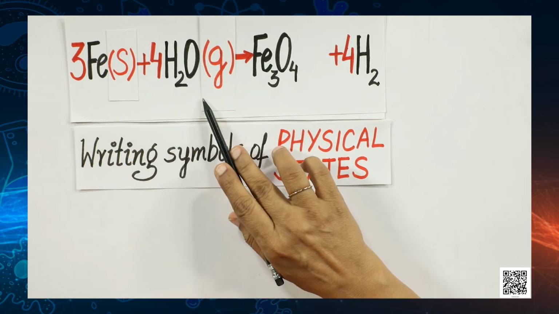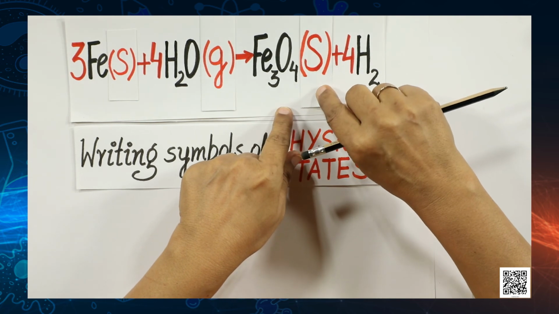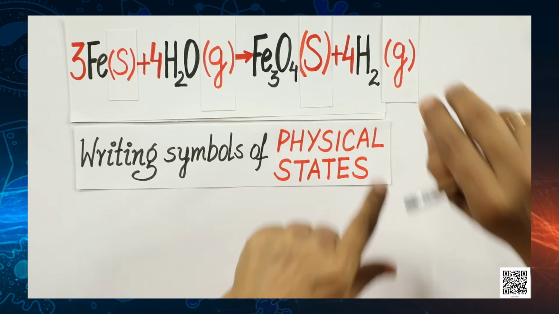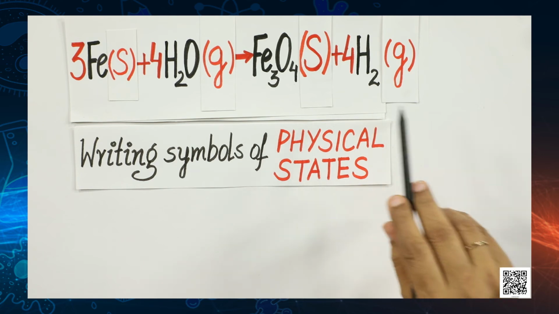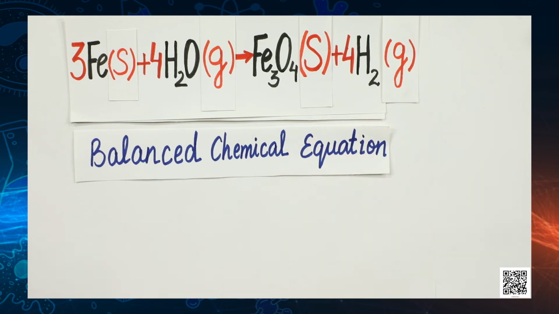I am sure you remember. And this is iron oxide, again it is in solid form. So, we can write s within the brackets, and here is hydrogen gas. Yes, so for gas, you can either make an upward arrow or simply write within brackets a small g. So, this is now a completely balanced chemical equation of the reaction of iron with steam to form iron oxide and hydrogen gas.